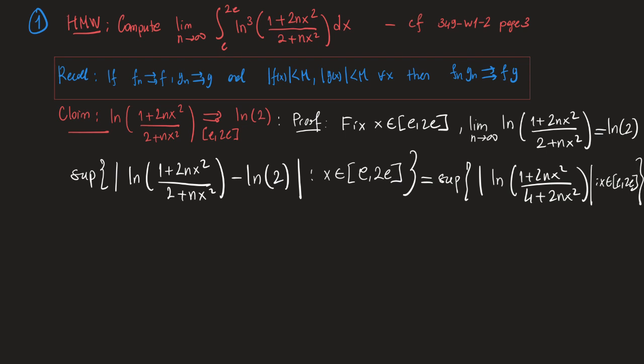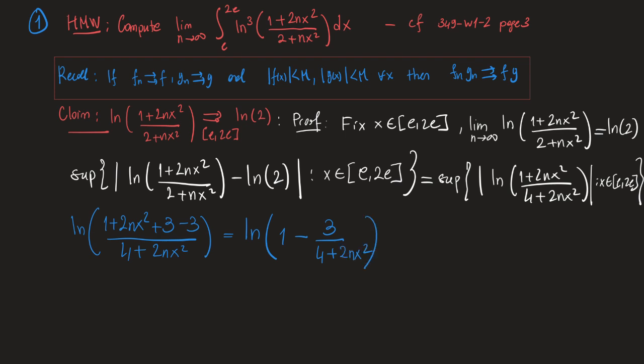Now let us analyze this ln. Let me put plus 3 minus 3 divided by the same thing, right? So I will get 1 minus 3 over (4 plus 2nx squared).